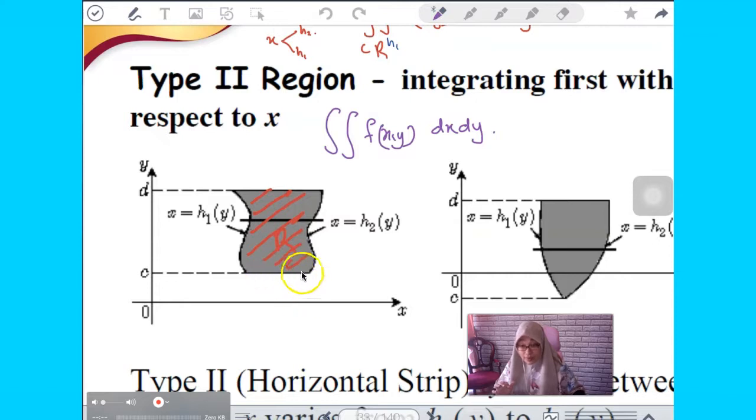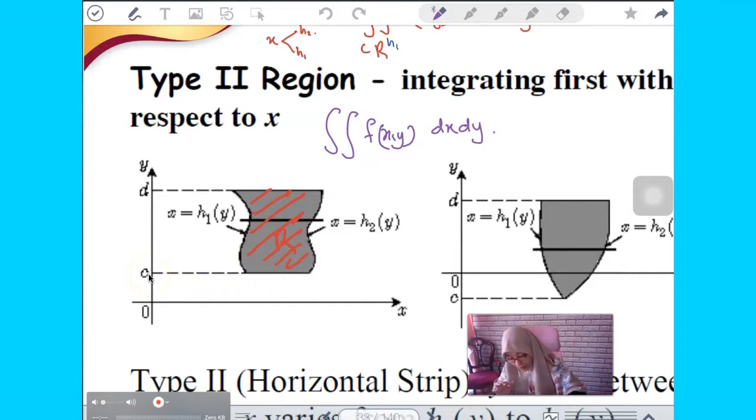Now let's say this is your region. The smallest value of y is lying along this line. You have a straight line, so for all x, the value of y is the same, right? The value of y never changes. So that's why we can see that the lower bound of y, where y is constant, is c.